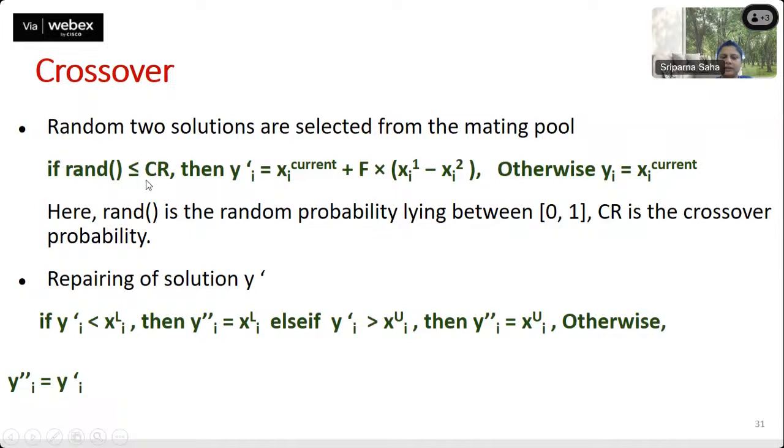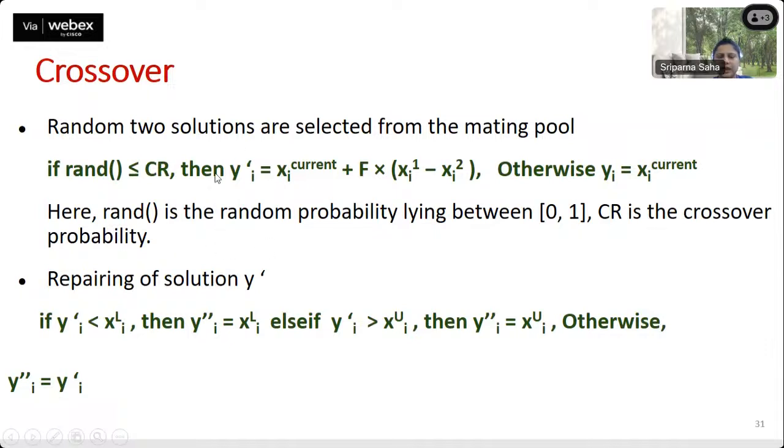If the rand number is less than the crossover probability, then yi dash equals xi current plus another constant times (xi1 minus xi2). Otherwise, yi dash equals xi current. Rand is a random probability lying between 0 and 1, and CR is the crossover probability.